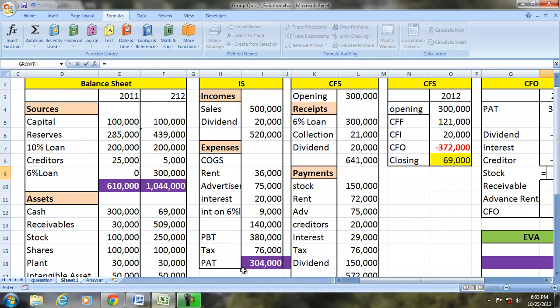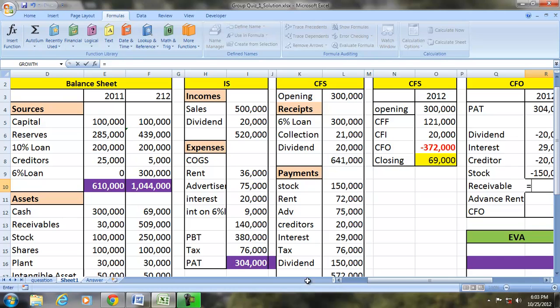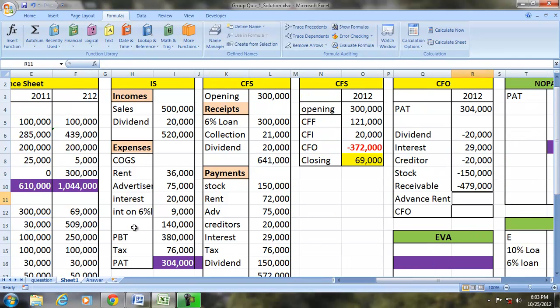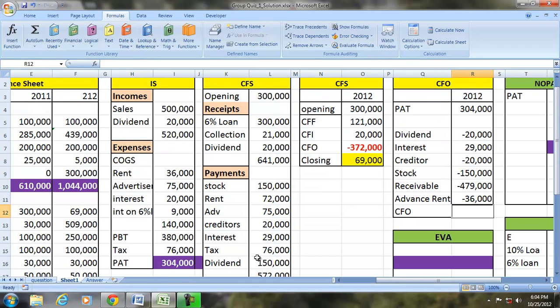Then we'll see the stock. The increase in stock means an outflow of cash in the form of purchase. The receivables have increased, which means huge credit sales, so it is treated as a reduction. And advance rent has been paid during the period, so there is an outflow of cash.